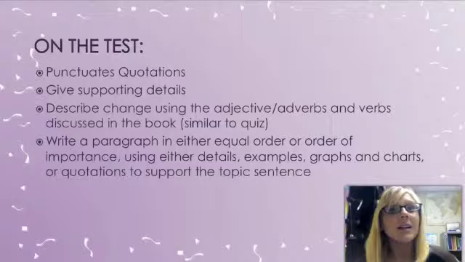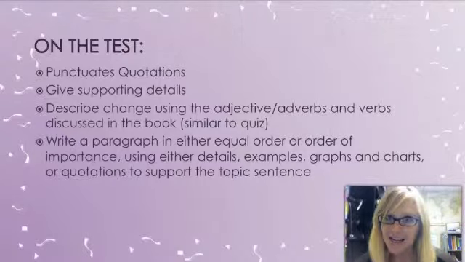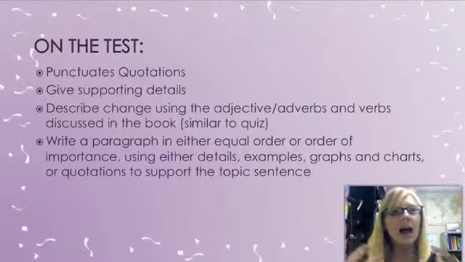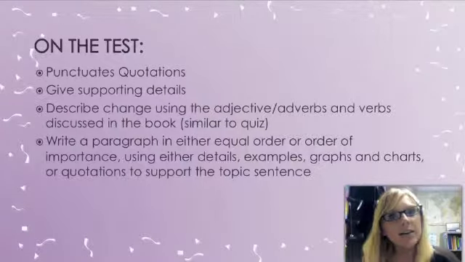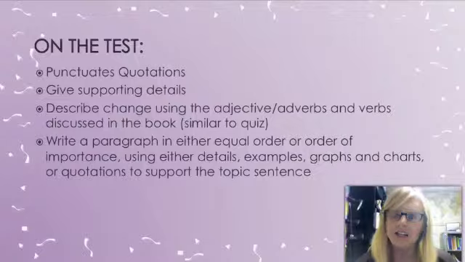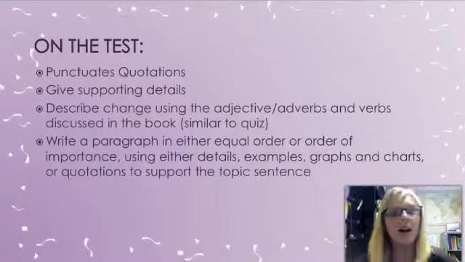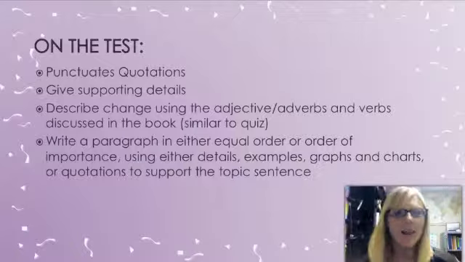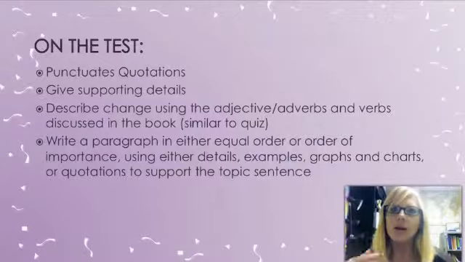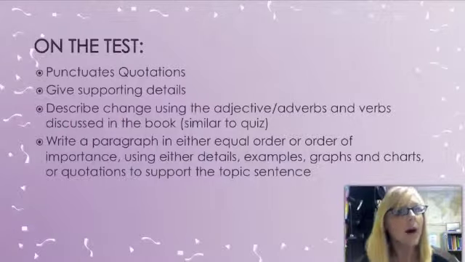Now, as always, there will be a writing section on this test, and you will be asked to write a paragraph with pre-writing. A lot of us are forgetting to do the pre-writing section. That is usually a good 10 points that you can get just by putting your ideas down. Right? Don't skip the pre-writing step of your paragraph. Anyway, so your paragraph will be in either equal order or order of importance. I will tell you on the test which one that you need to use.